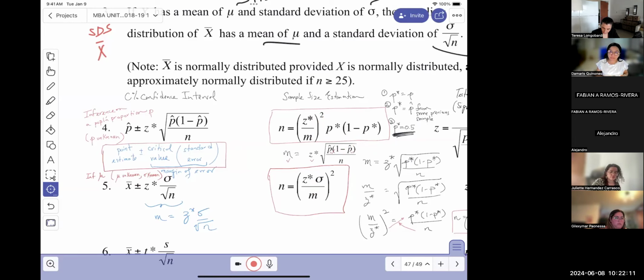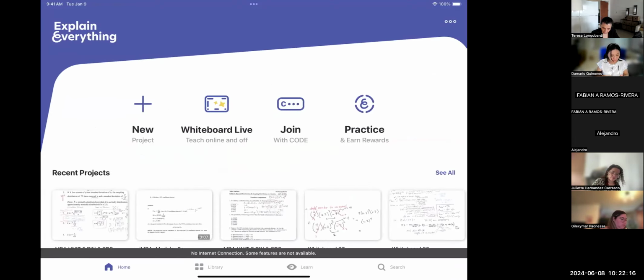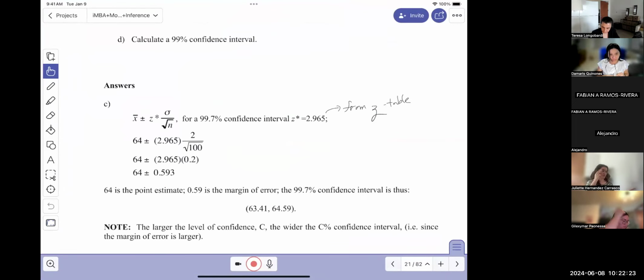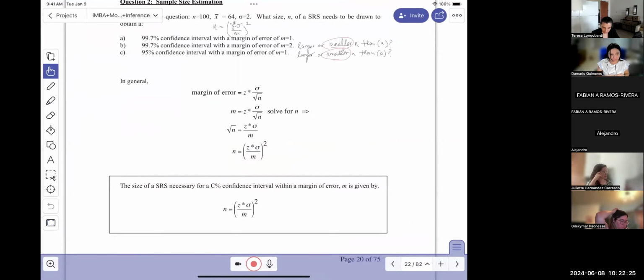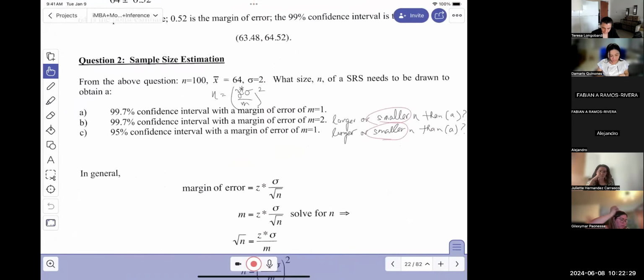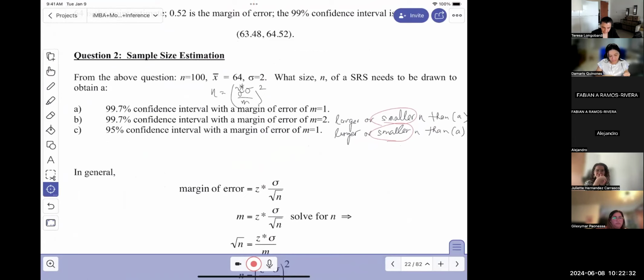So for example, I believe I continue with the same example here. And I ask you to estimate, using the same data, the 99.7% confidence interval with a margin of error of m equals 1.